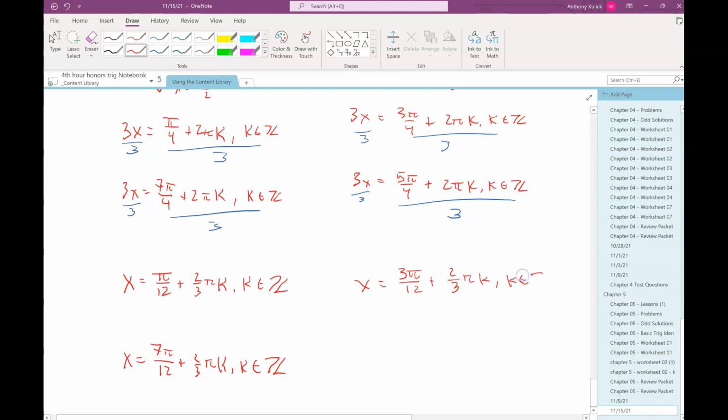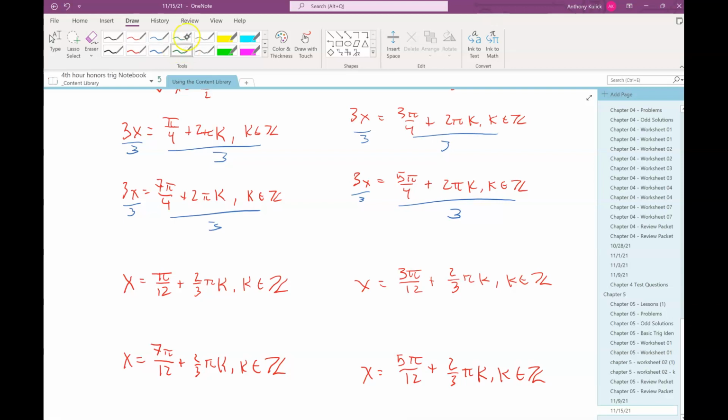I know it can reduce, but I'm going to save all the reducing to the end, since this is not going to be my final answer. I'm going to wait and do all my reducing later, because when we do all this adding of fractions we're about to do, just leaving these all in the same denominator the whole time makes your life a little less inconvenient. Everybody's okay there? So far, so good?